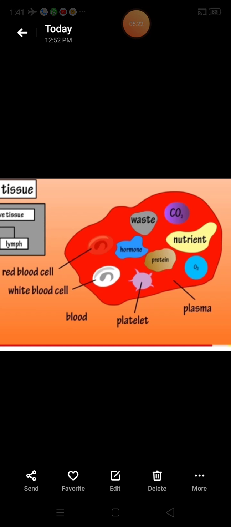And as for function, it transports the hormones, proteins, and waste material which is generated in the cell, and is also related with gaseous exchange. This is the function of blood.